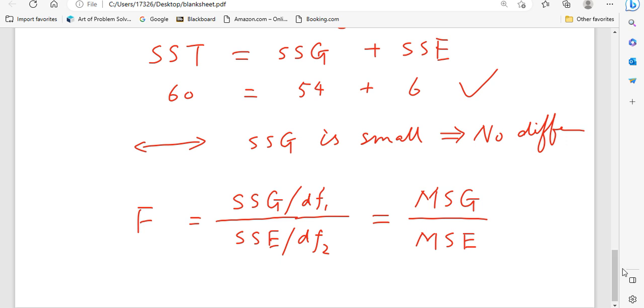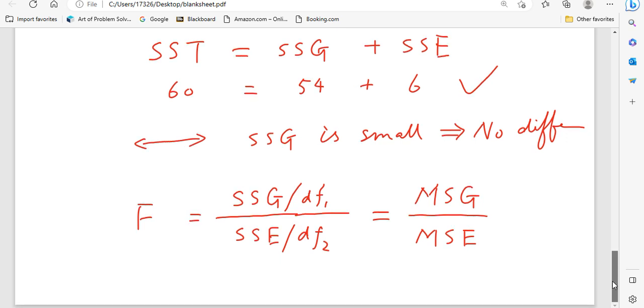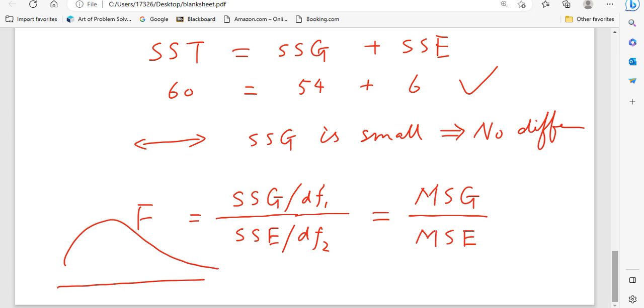Then this is just standardized. So then we just judge whether this number is big or small. Then we need to check the F table or F distribution, right? So suppose this is the F distribution. We have this cut point here. So here's 0. We put this F star or F value. How can we say this is big?